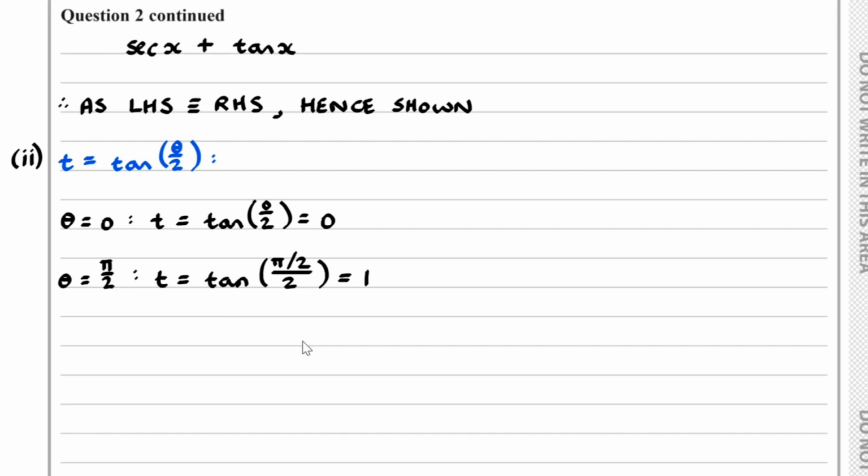And we also know that d theta is equal to 2 over 1 plus t squared dt.